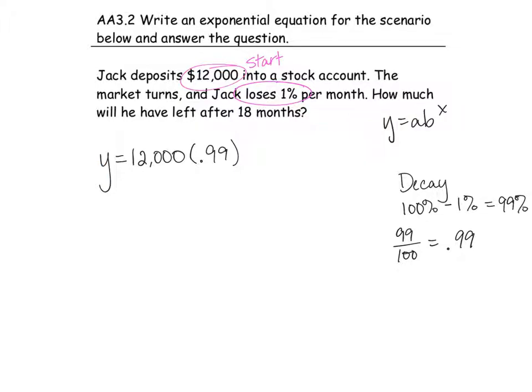So x, I'm replacing with the 18. And then I just need to plug it in. So 12,000 times 0.99 to the power of 18. And I get $10,014.17. And because this is a story problem, I want to make sure that's got a dollar sign on it. And that's it for that one.